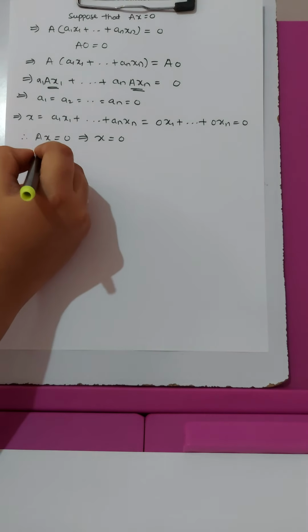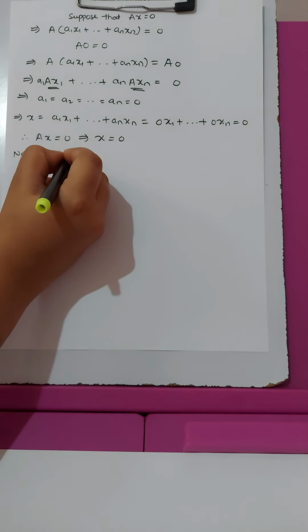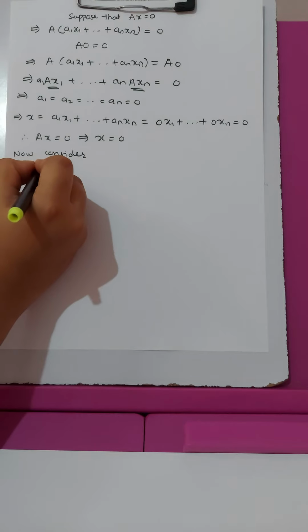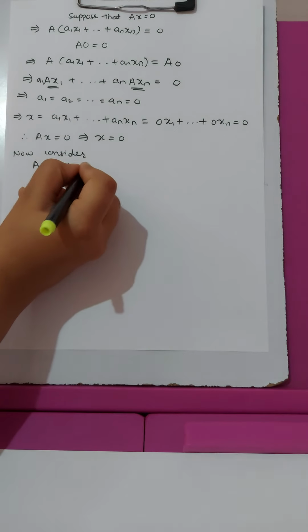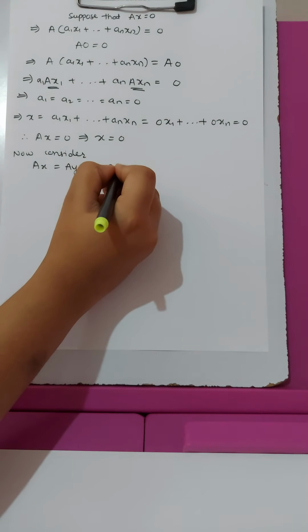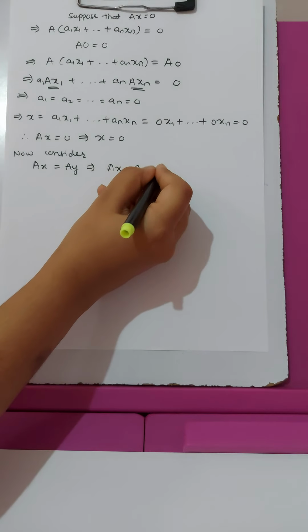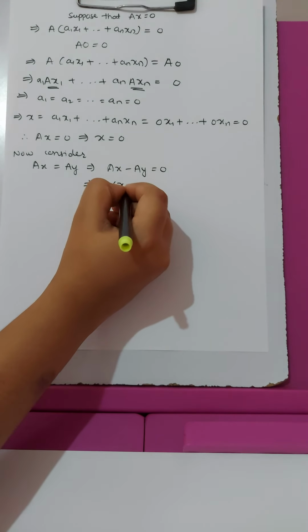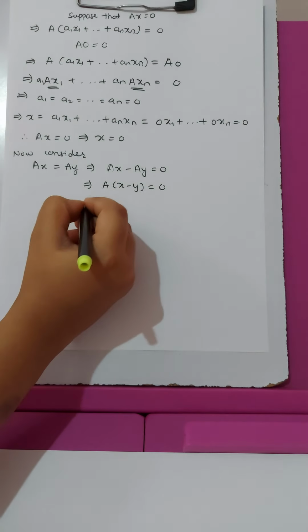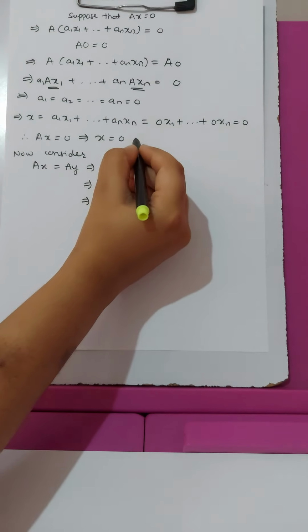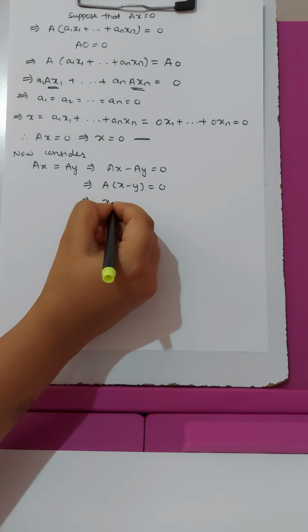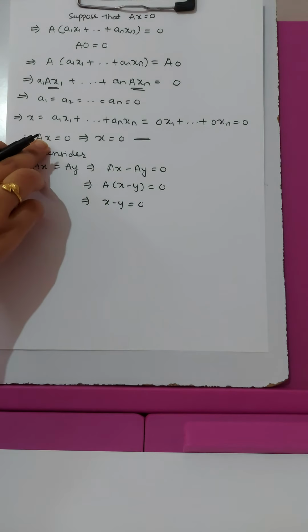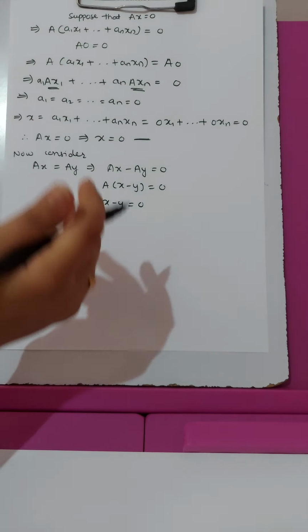Now consider Ax equals Ay, which implies that Ax minus Ay equals 0. Since A is linear, we can write A of (x minus y) equals 0. Now from this condition we can write x minus y equals 0, because A of x equals 0 implies that x equals 0.